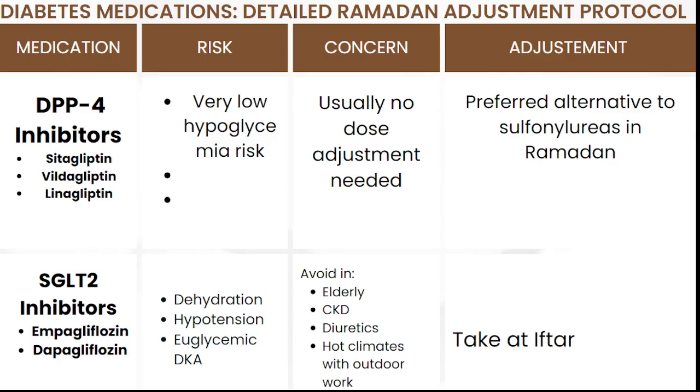So it is better to avoid this group, empagliflozin or dapagliflozin, in elderly patients or chronic kidney disease, or the patient who is already taking diuretics, or the patient who is working in hot climates like some workers. And it is better to take this at iftar with proper hydration, as we said before.